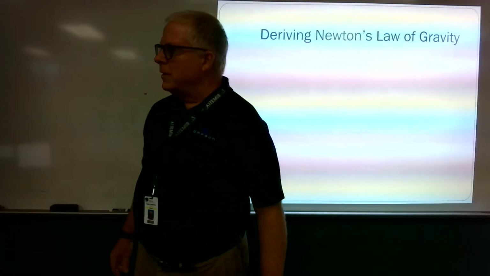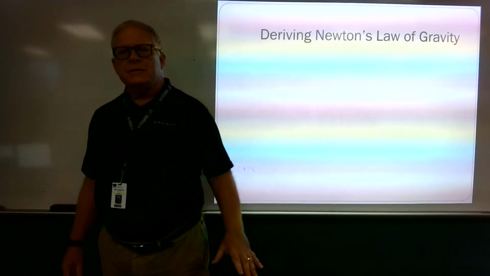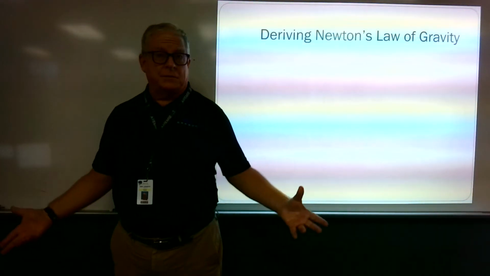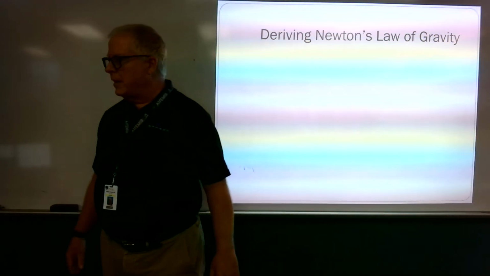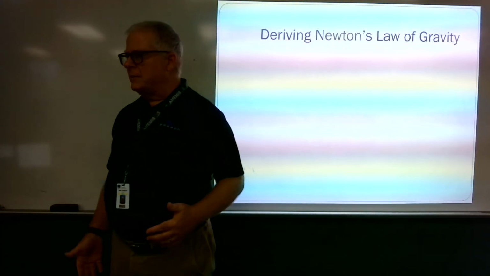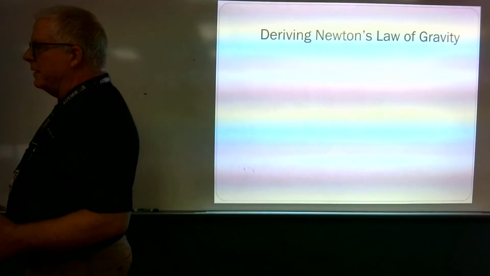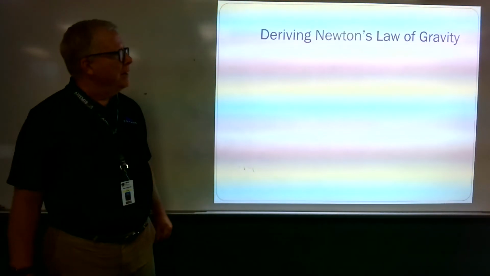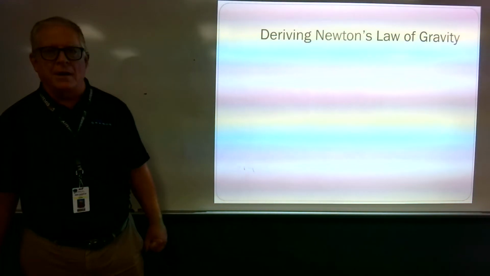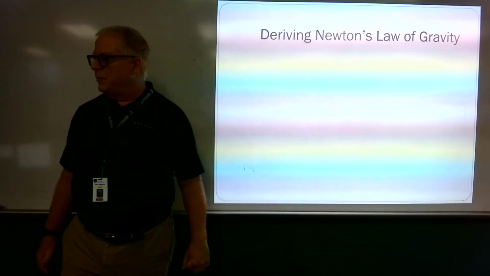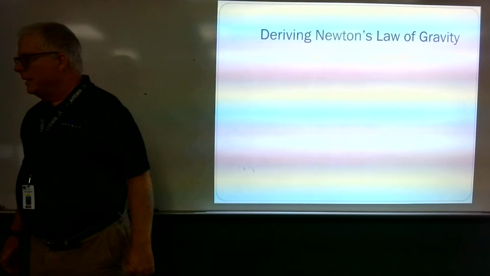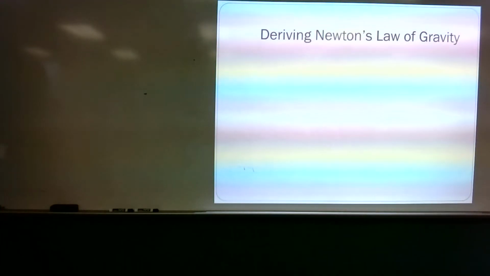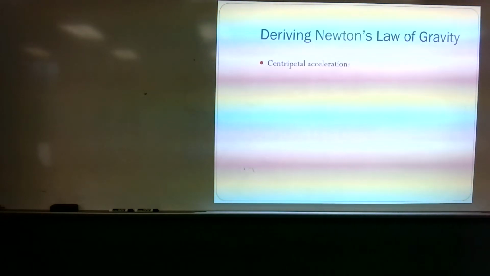But let's derive Newton's law of gravity from just taking something, a planet going around the sun, such as the Earth, because the Earth has an almost circular path. So we have a planet going around the sun in a circular path, and let us take Kepler's third law for that and apply it using our knowledge of circular motion and see what we can come up with. This is kind of what Newton did when he derived his law of gravity.